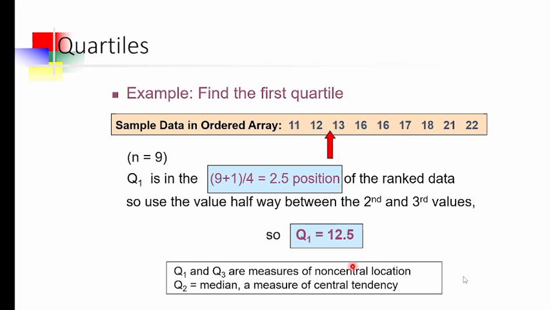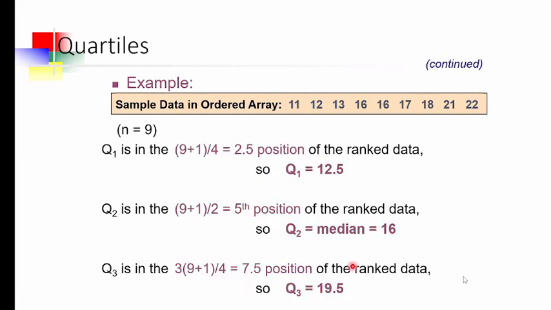Q2 measures the central location, but Q1 and Q3 measure non-central locations. Central location means midpoint, but Q1 and Q3 are not midpoints of the data, right? So 12.5, 16 and 19.5. How we are calculating them, and also in the interpretations, you have to look at that.